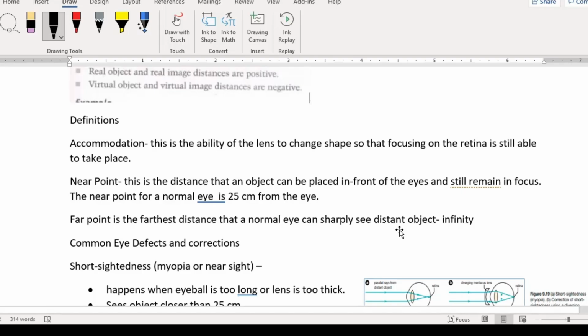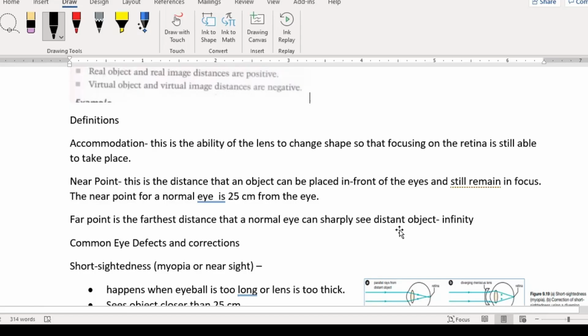What we have come to realize is that our eyes have a certain distance from the lens where, if we go less than that towards your eyes, the eye cannot focus or accommodate that object anymore. Just like when you bring your hand closer to the eye, it gets out of focus.